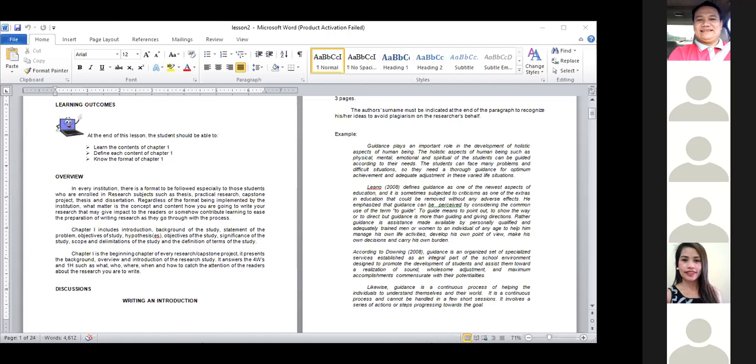In your case, we call it thesis, but it has the same meaning. You are making a research. Regardless of the format being implemented by the institution, what matters is the concept and the content on how you are going to write your research that may give impact to the readers or somehow contribute learning to ease the preparation of writing research as they go through the process.